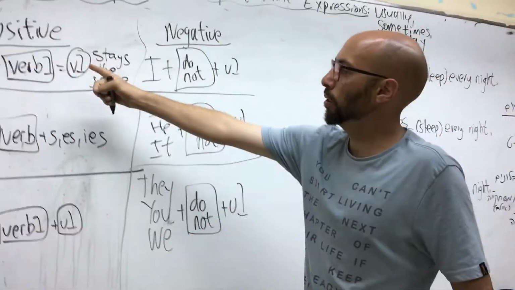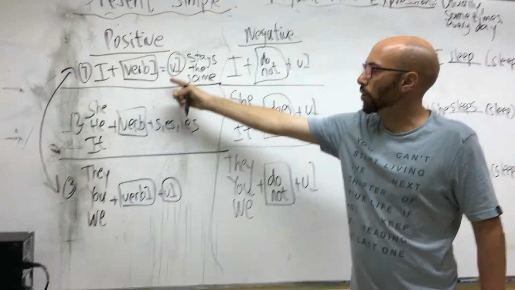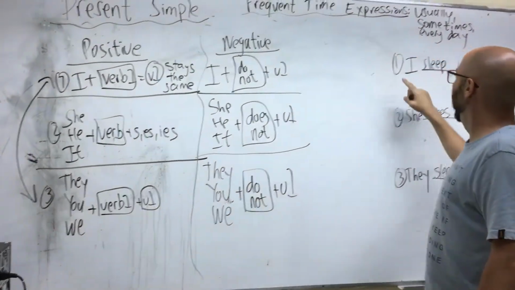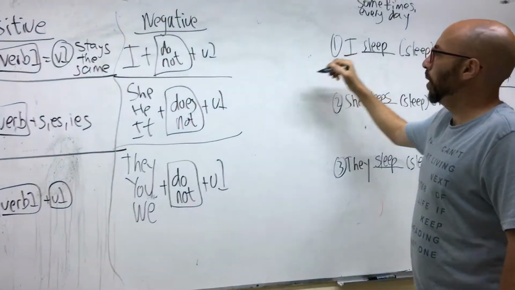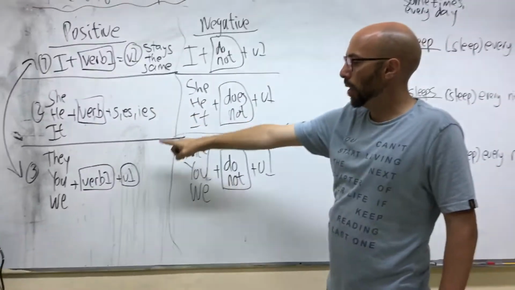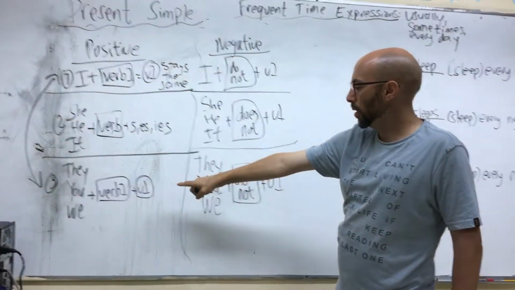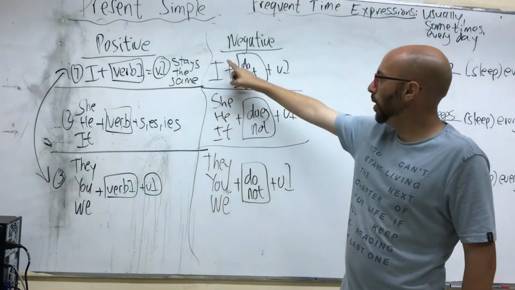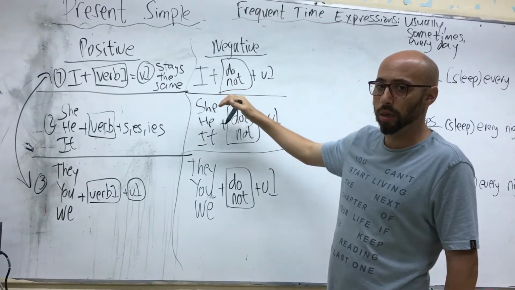Okay, in the positive, we looked at the first body, the second body, and the third body. We identify which body the sentence is attached to, and we simply have to copy what's written on the table.